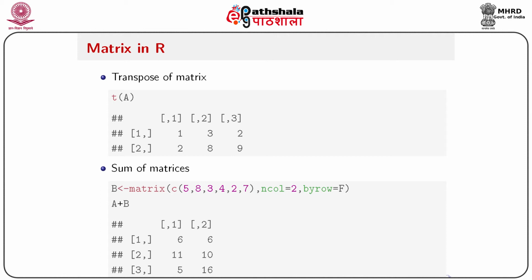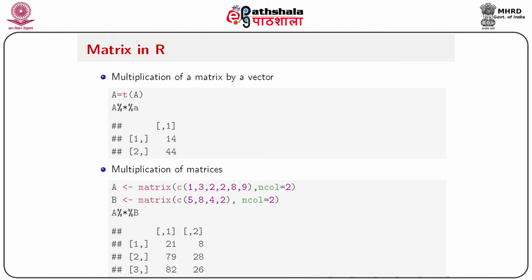Similarly, if you want to sum 2 matrices of the same order, then you can use the plus symbol. Say, suppose you assign another matrix B of 3 by 2, and previously we had A as a 3 by 2 matrix, so A plus B will give you the matrix addition, which adds element-wise.